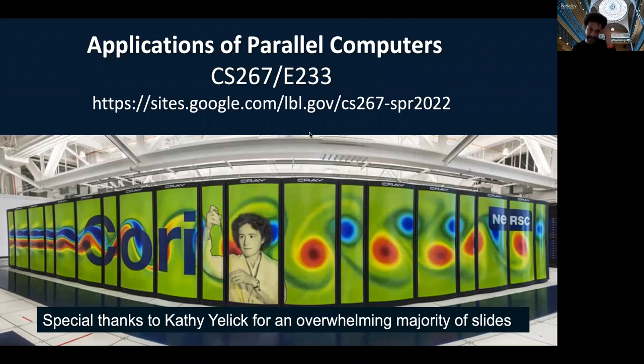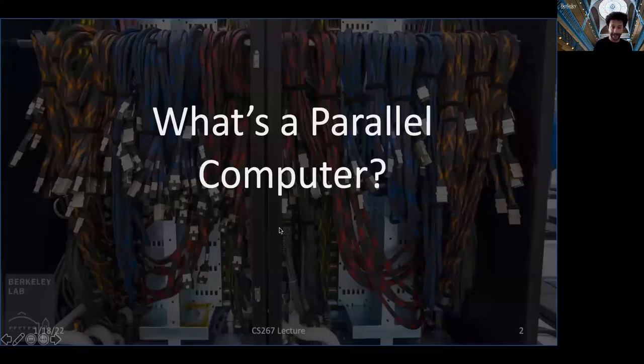So let's start the actual lecture. What's a parallel computer? The title of the course has parallel computing in it. If you go to a machine room in one of these supercomputing centers, such as NERSC, which is up at the hill, I would say 50 feet from where I'm standing right now, you're going to see all these cables that connect a huge machine together.